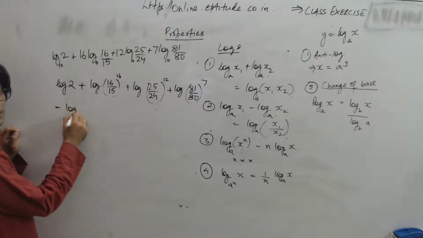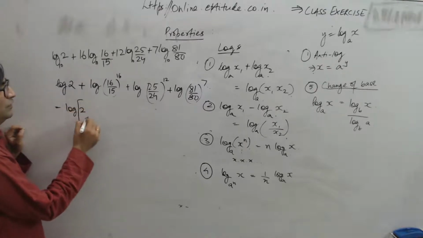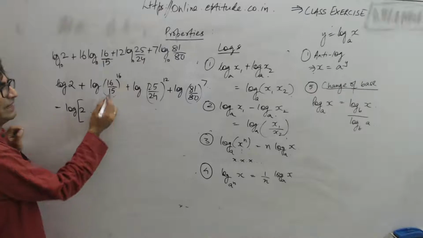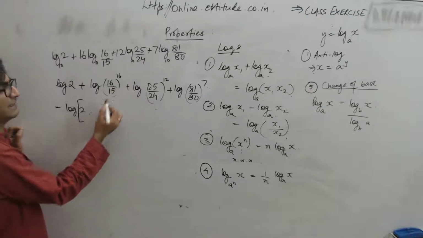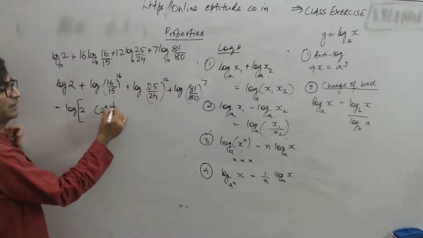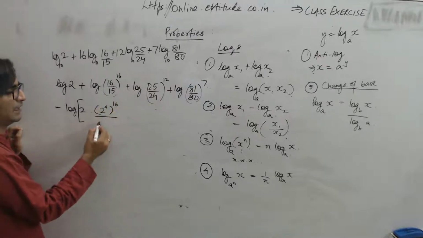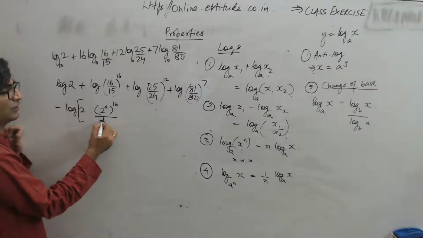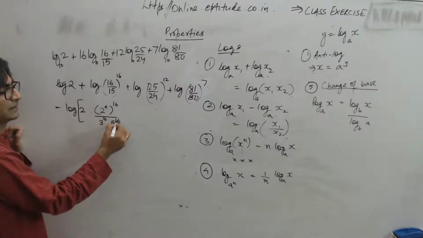So this becomes log of 2 into, now obviously when I multiply, I'm going to write 16 as 2 power 4, raised to the power 16 upon 15, which can be written as 3 into 5, so 3 power 16 into 5 power 16.